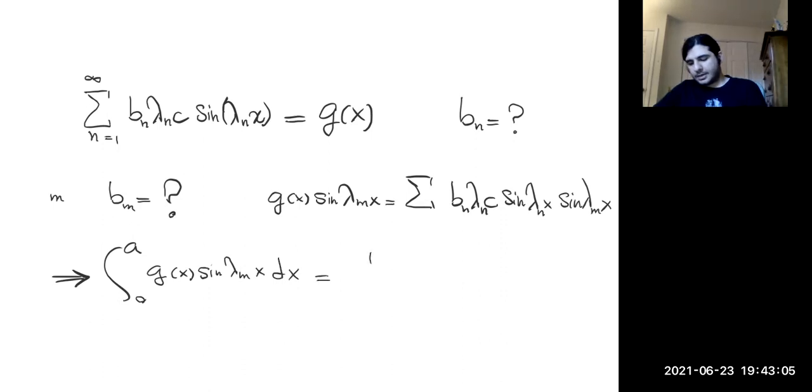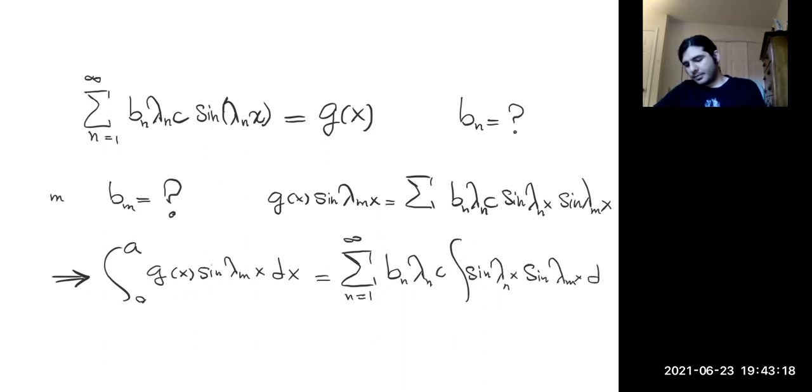Again, we assume that the integral and the infinite sum commute. We talked about these things a few times. And these integrals all would be 0 if n is not equal to m. The only case where it's non-zero is when n and m are equal, and the integral would be equal to a over 2.